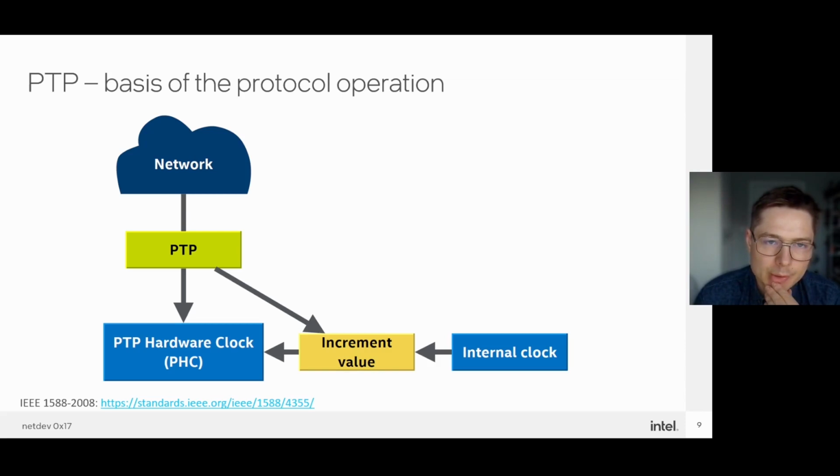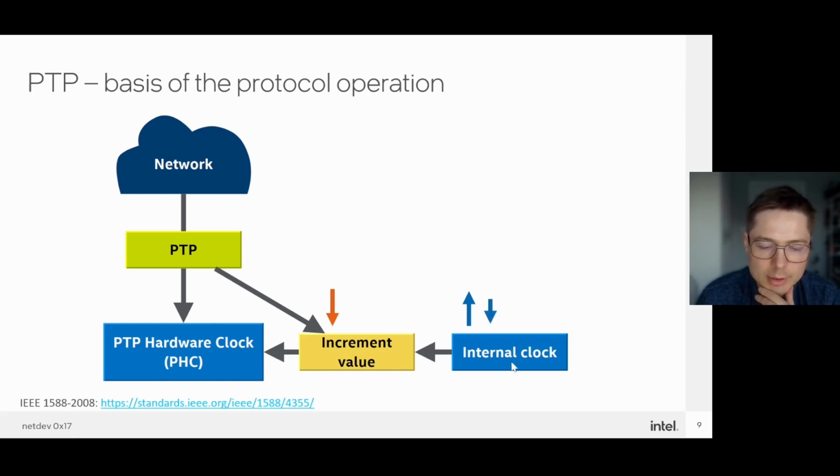This increment value is added to the PHC at each tick of the internal clock, and as you can see, since we are talking about each tick of the internal clock, the clock quality is very important for good frequency synchronization. Because if the internal clock is drifting up, so the frequency increases, the PTP needs to react and lower the increment value which is added to the PHC hardware clock.